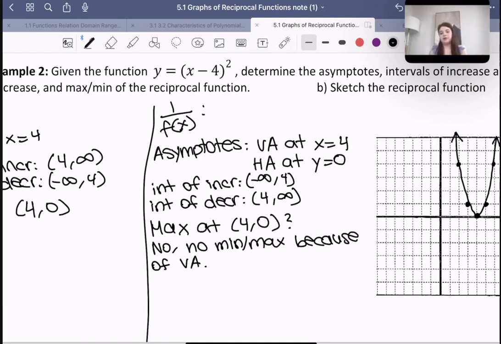Because in this case we have to think about it: just because there would be a local max or a global max or whatever it might be in other circumstances, we can't just overrule the fact that when we take the reciprocal of x minus 4 squared, subbing in 4 there is still going to get us 1 over 0, which is still invalid. Okay, and so the vertical asymptote overrides the rule about minimums and maximums.